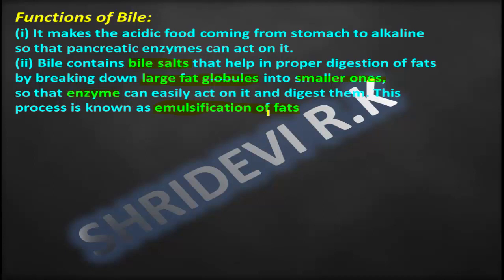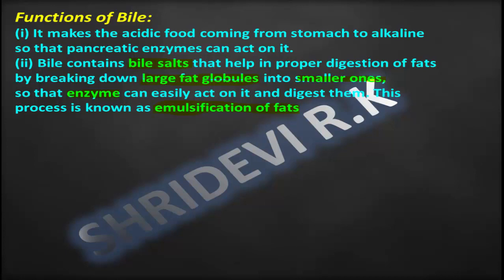This is called emulsification of fat. So it makes the food coming from stomach into intestine alkaline for the action of pancreatic enzymes. The bile salts help in fat digestion, and they are necessary for emulsification of fat.